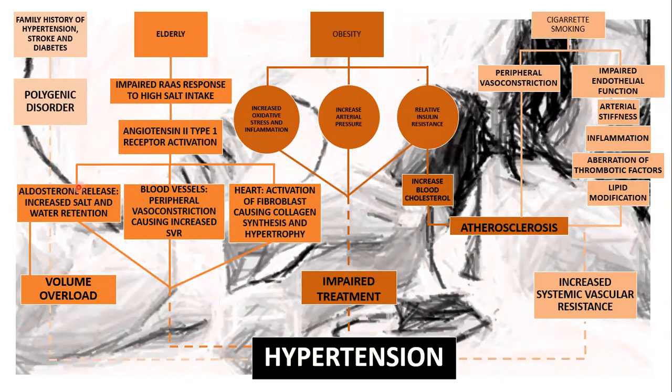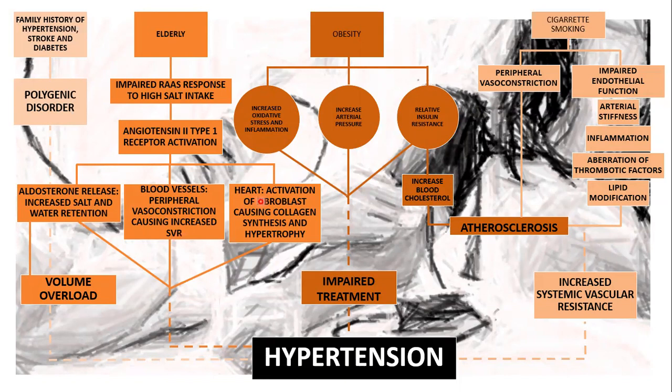And there will now be three effects. The aldosterone will be released, increasing the salt and water retention. Thus, there will be a volume overload. As for the blood vessels, there would be peripheral vasoconstriction, causing now an increased systemic vascular resistance.